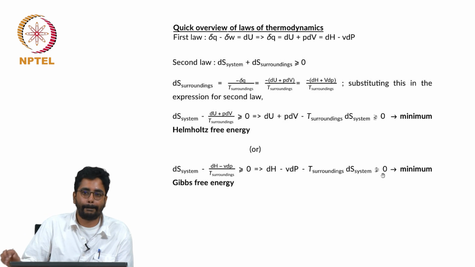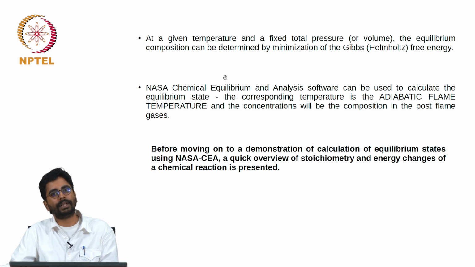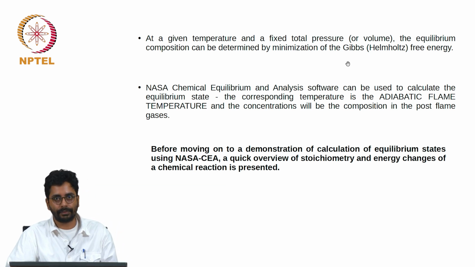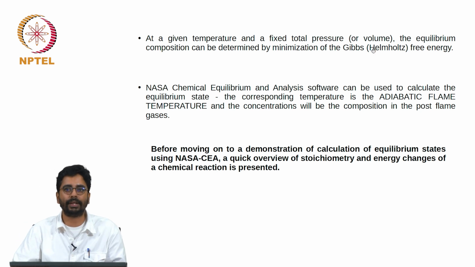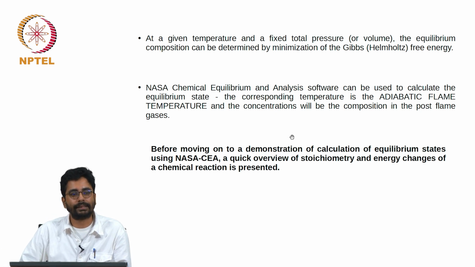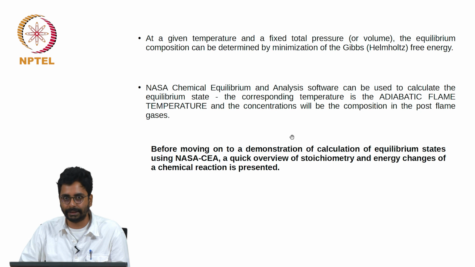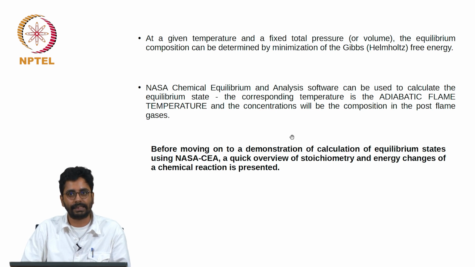At a given temperature and a fixed total pressure, the equilibrium composition can be determined by minimization of the Gibbs free energy. Under conditions of constant volume, we can determine it by minimizing the Helmholtz free energy. This is essentially what the NASA chemical equilibrium and analysis software does, which I am sure practitioners of propulsion design use on a daily basis.